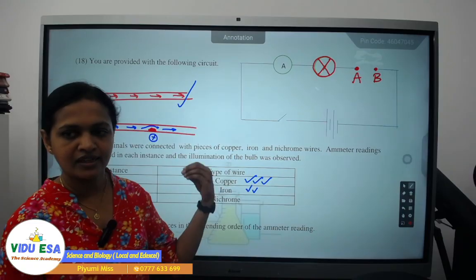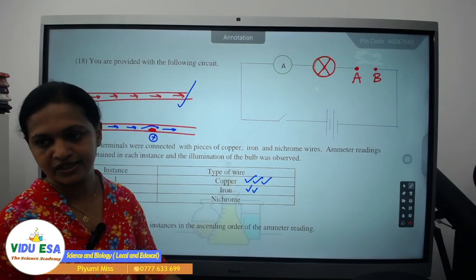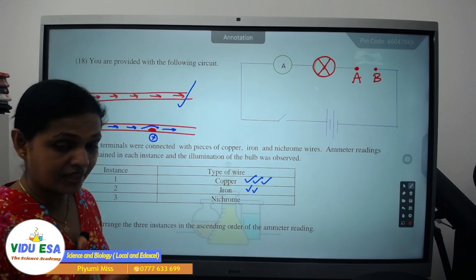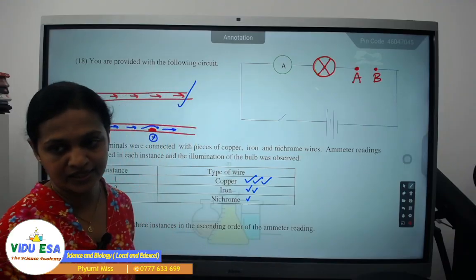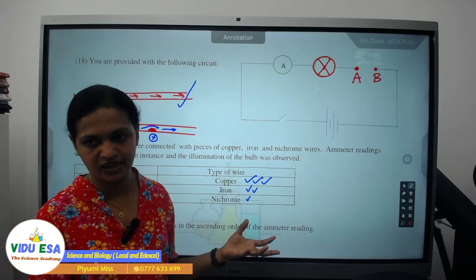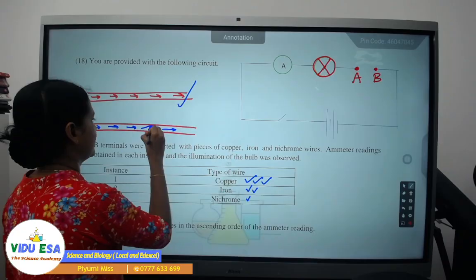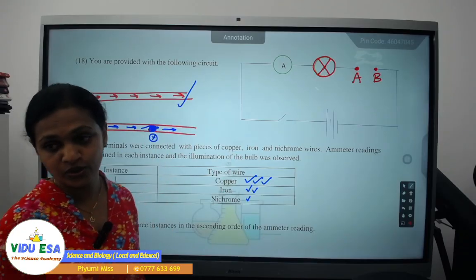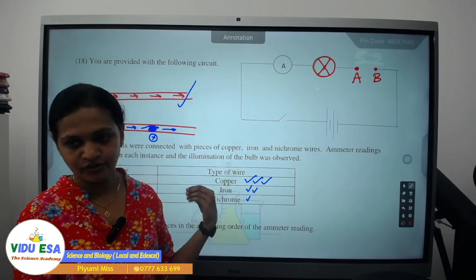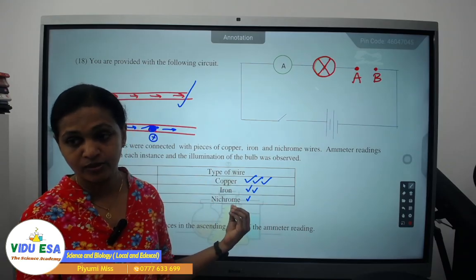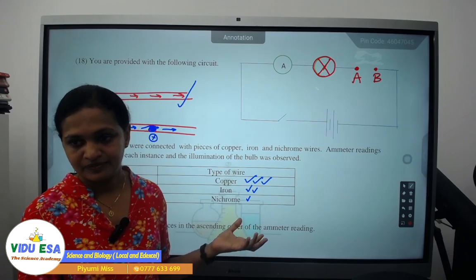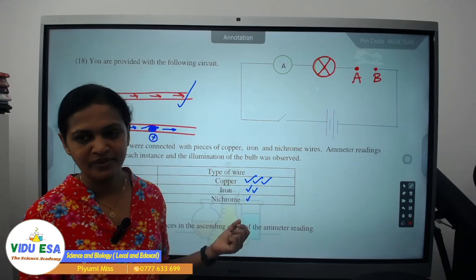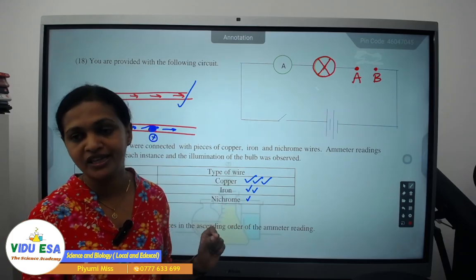There is a slightly bigger obstacle in the case of iron. Nichrome is a poor conductor. Its resistance is very high. There is a big obstacle in the case of nichrome. Therefore, when current passes through a nichrome wire, it gets heated a lot. That is why nichrome is used to make the coil of heating appliances.